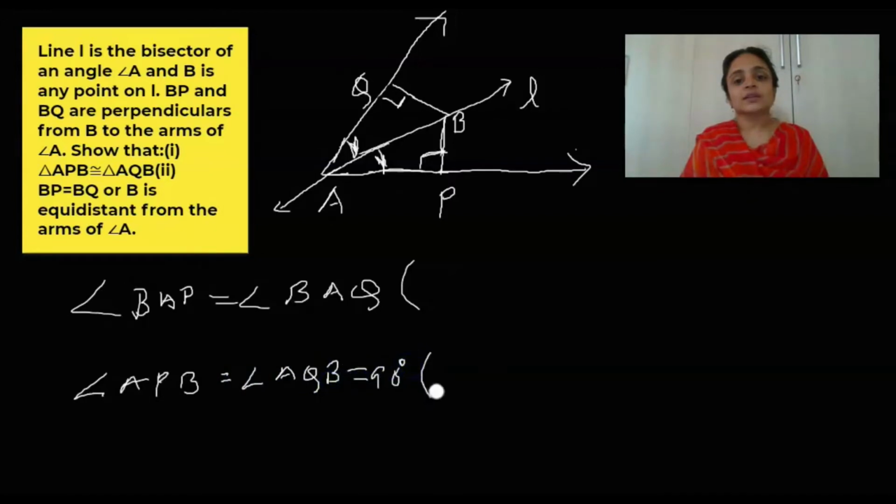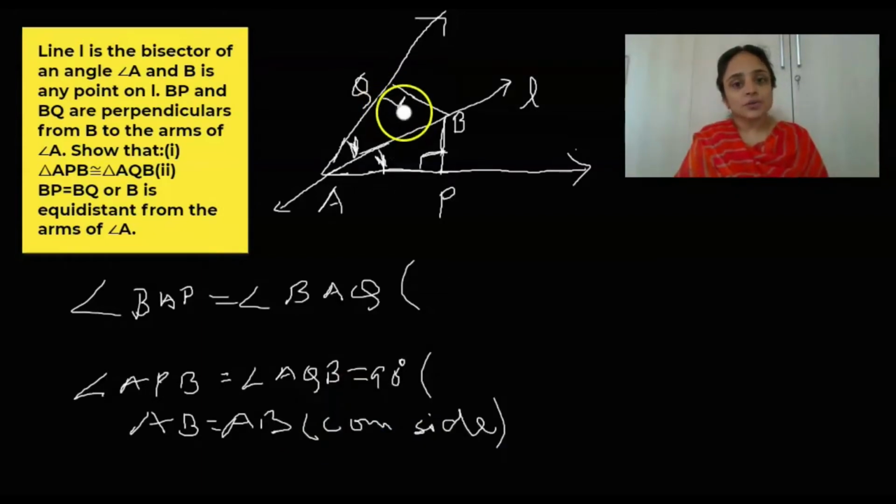And we can write in bracket since BP and BQ are perpendiculars to the arms. Okay, so we got these two angles as equal, and we have to get one more side which is equal. Which side is equal? AB is common side of both the triangles, which means AB is equal to AB, and we can write in bracket since this is the common side.